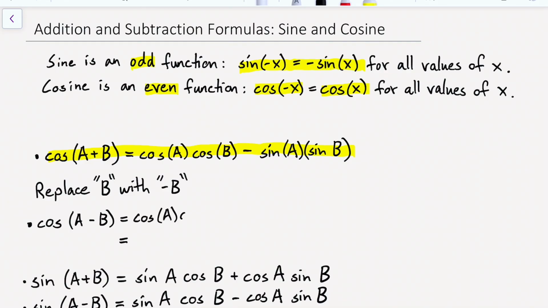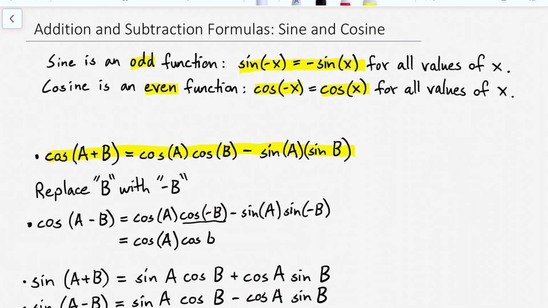Well, I would have cosine of a cosine of negative b minus sine of a sine of negative b. Now cosine of negative b is the same as cosine of b because cosine is an even function.